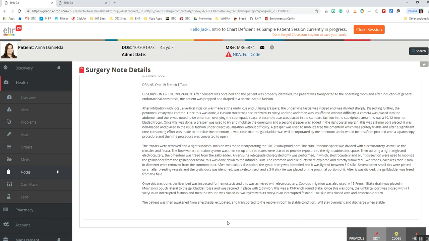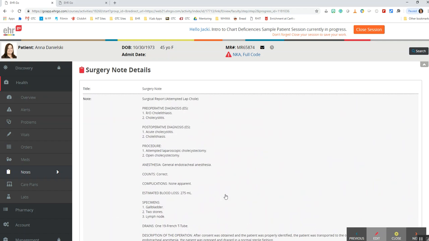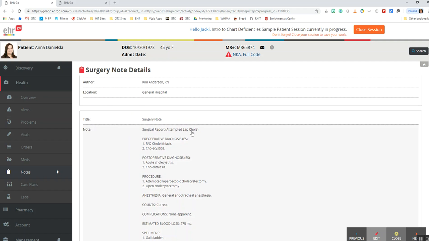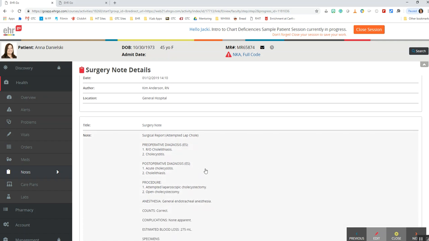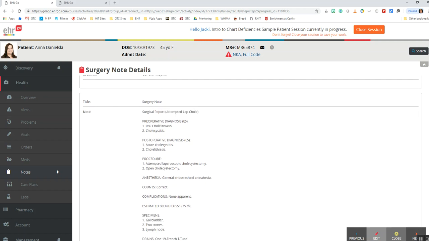The person who performed the procedure is the person who should be writing this report. So what we need to do is query the physician and say, is this a mistake that the author is listed as the nurse? Was this dictated by the nurse for the physician? If so, it should say that. And the physician still has to sign the document.